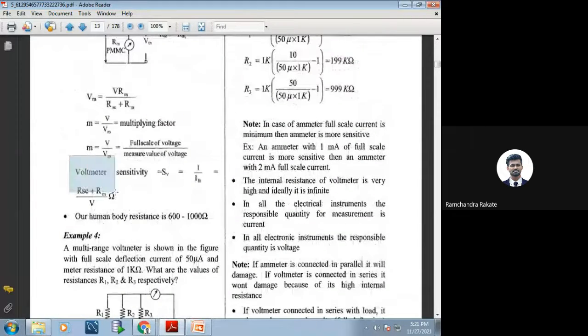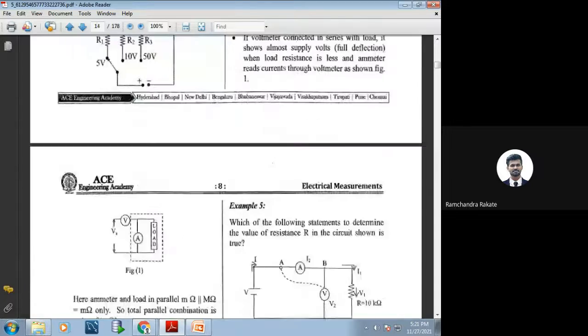Voltmeter sensitivity is S_v = 1/I_fsd, which is in ohm per volt. The voltmeter with the highest sensitivity will be the highest preference.